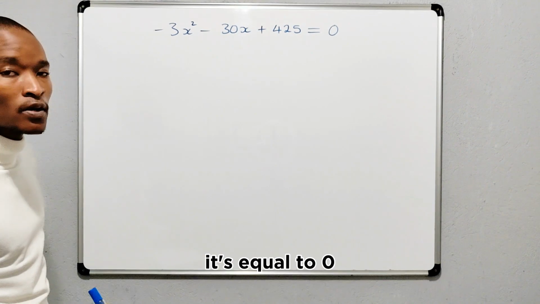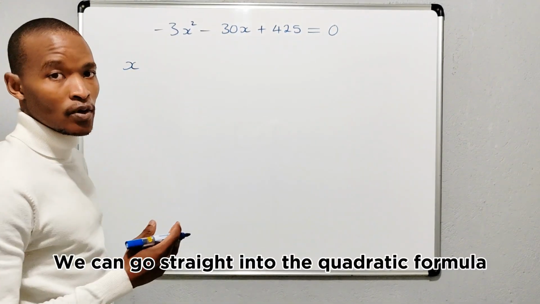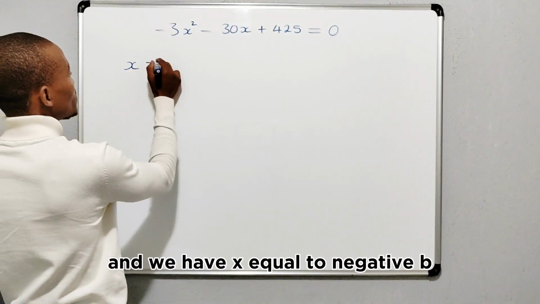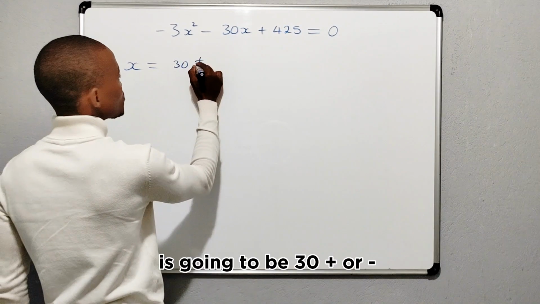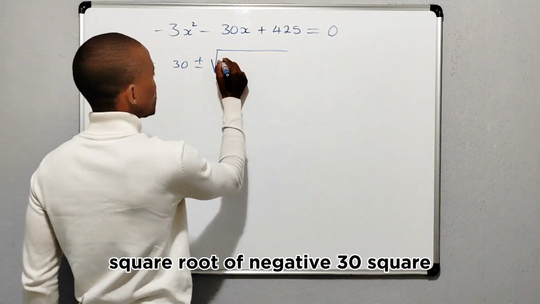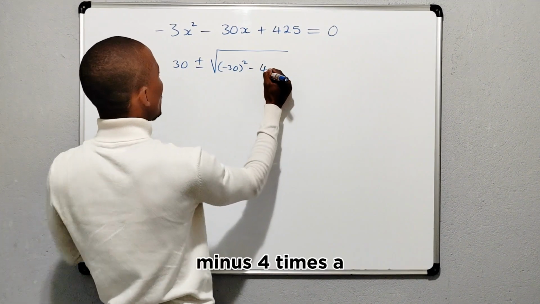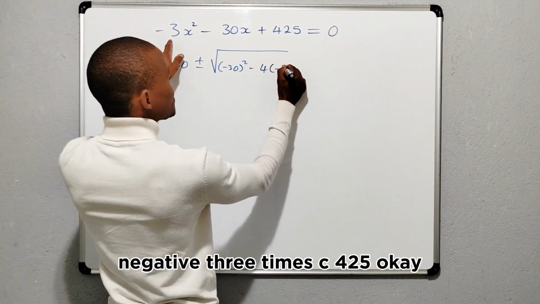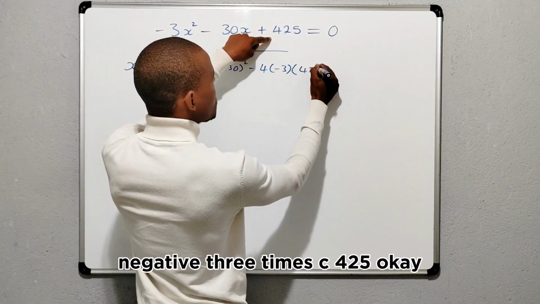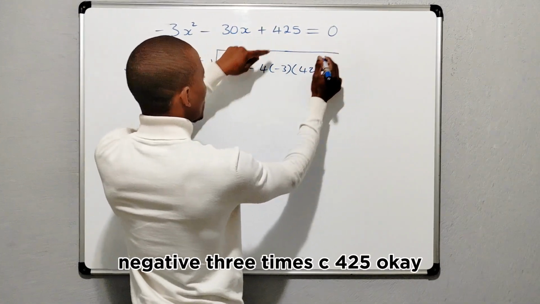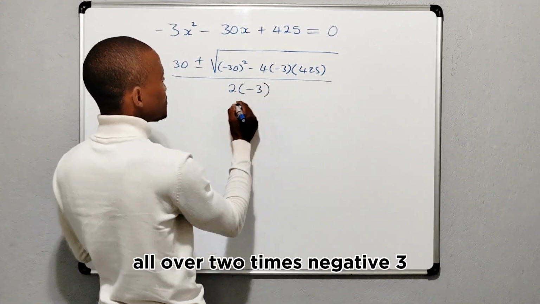It's equal to 0, and we need to solve x, right? We can go straight into the quadratic formula, and we have x equal to negative b, which is 30, plus or minus square root of negative 30 squared minus 4 times a, negative 3, times c, 425, all over 2 times negative 3.